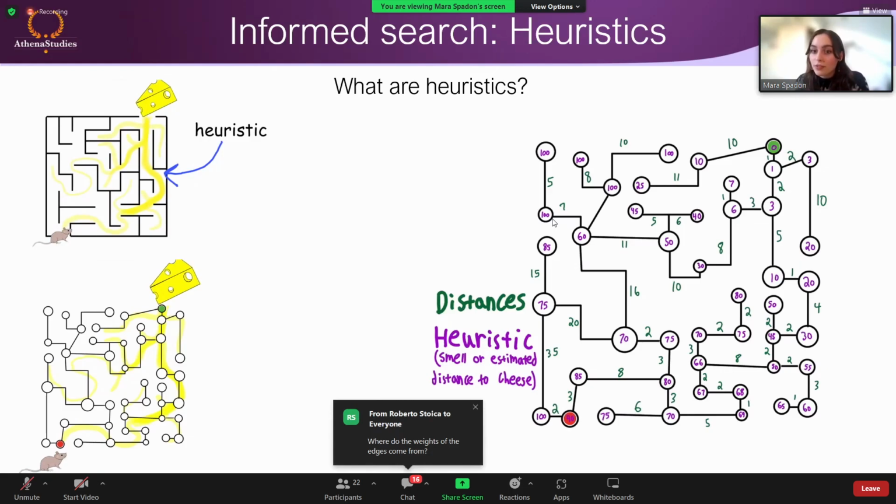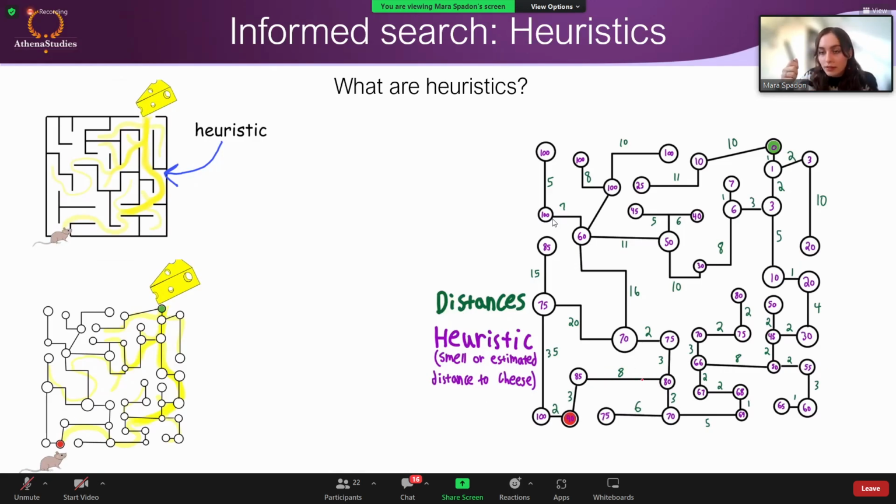Where do the weights of the edges come from? In our case, that is the distance. This is also usually given information, because the whole point of informed search is that it has additional information, right? So here we could say this edge is 8 steps for the mouse, for example. This one is 3 steps.